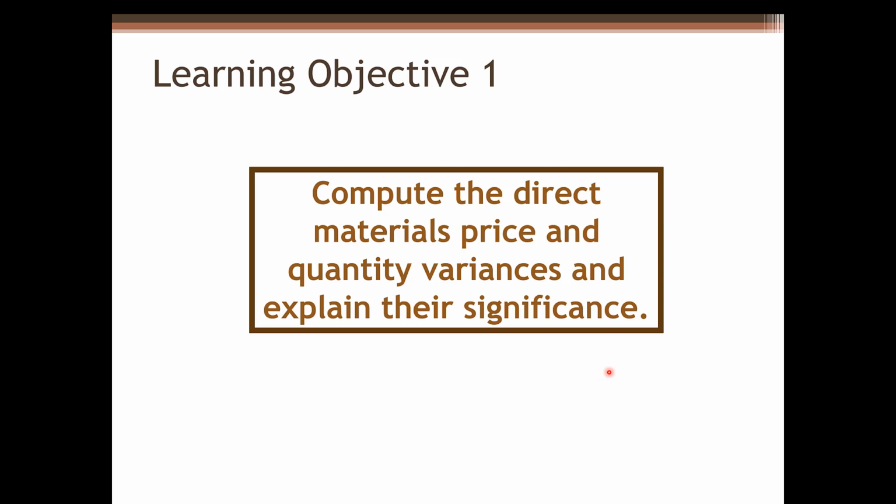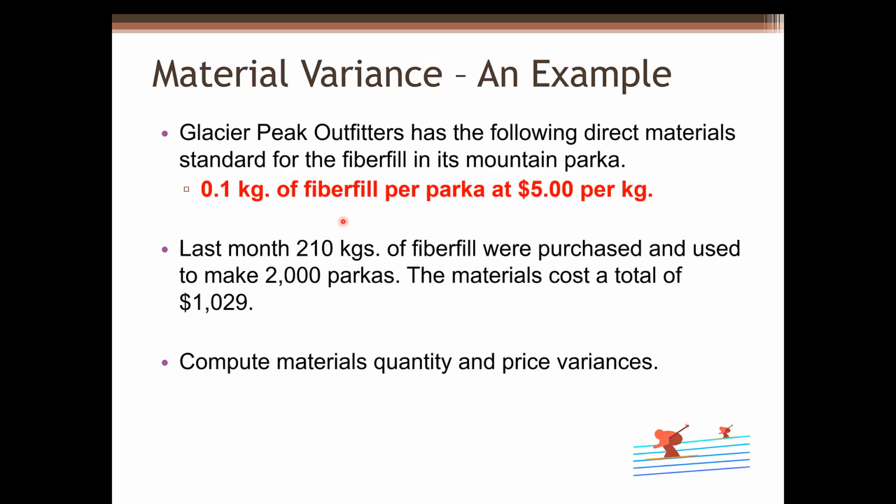Learning objective 1 is to calculate the direct materials price and quantity variances and explain their significance. Let's take a look at the example. Glacier Peak Outfitters has the following direct material standard for the fiber fill in its mountain parka. 0.1 kilogram of fiber fill per parka at $5 per kilogram.